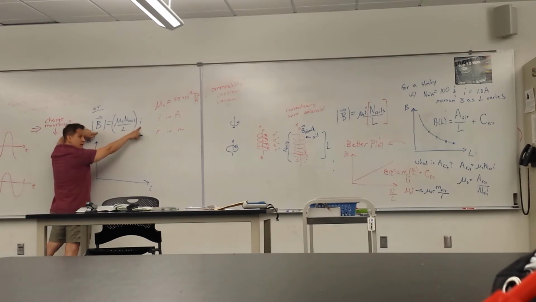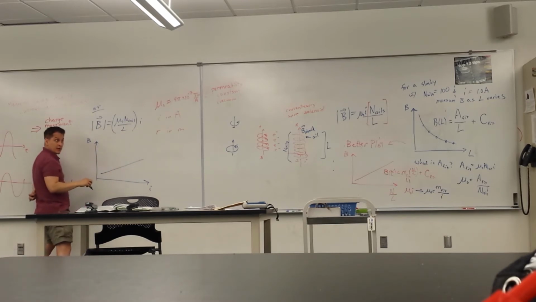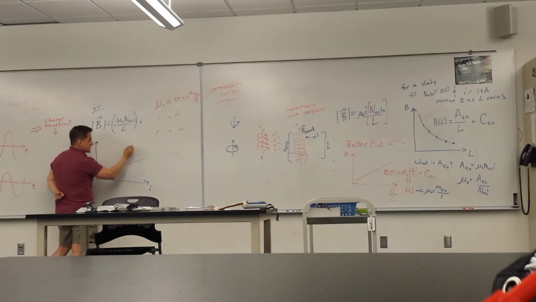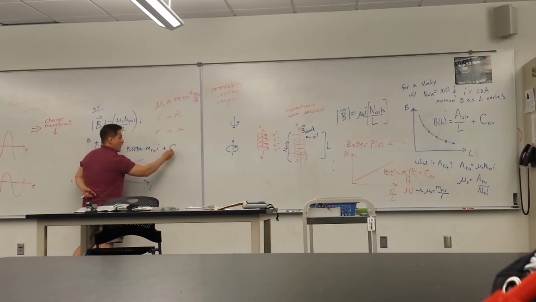Well, if this relationship is any way at all accurate or reasonable, this should look like a straight line. As you increase the current, the magnetic field ought to increase. And we ought to be able to fit B as a function of I, related to some m fit times I plus some y-intercept.